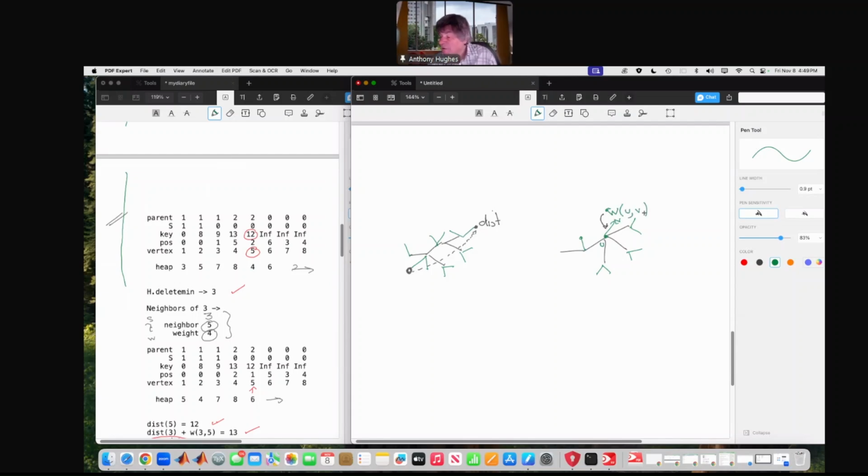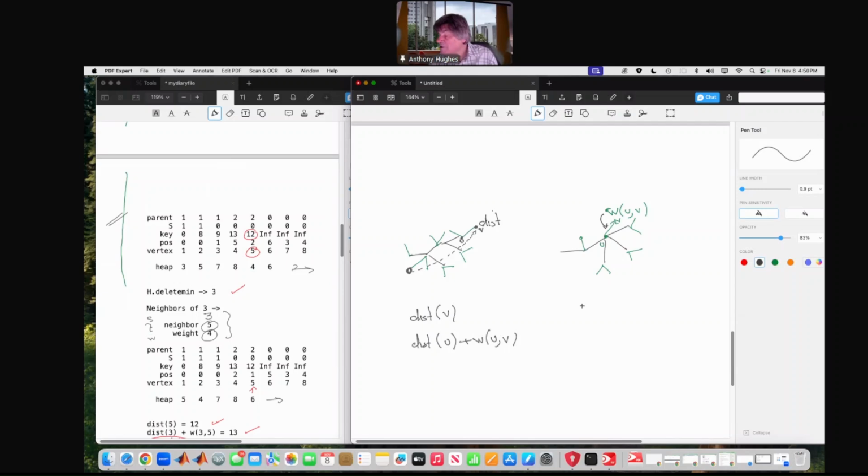So notice the difference. In Dijkstra's algorithm, the update is, if this is U and this is V, we looked at dist V and compared it with dist U plus the weight of U to V. So that's the total cost of going to U plus that stuff.